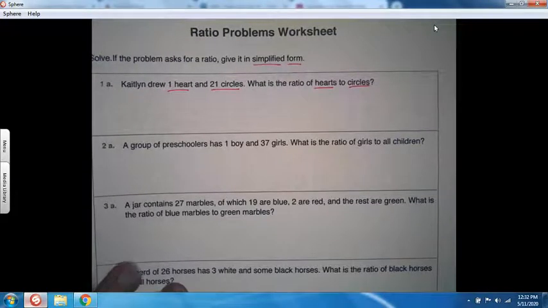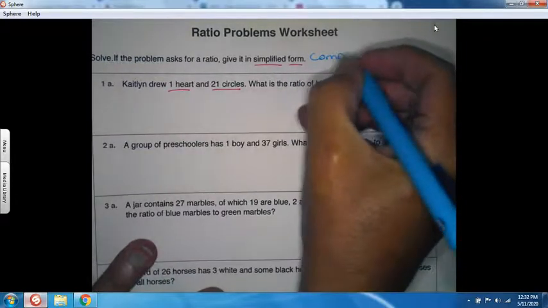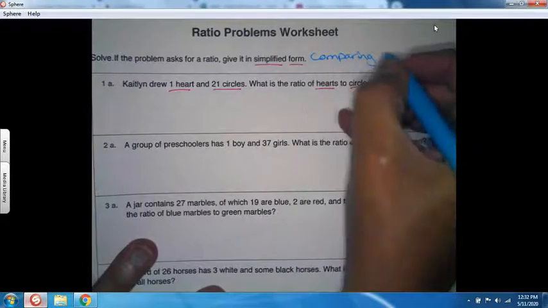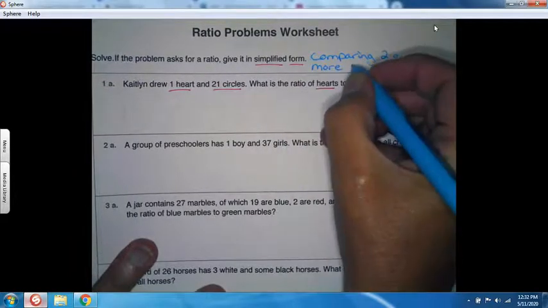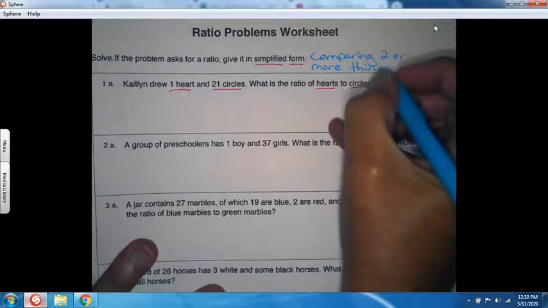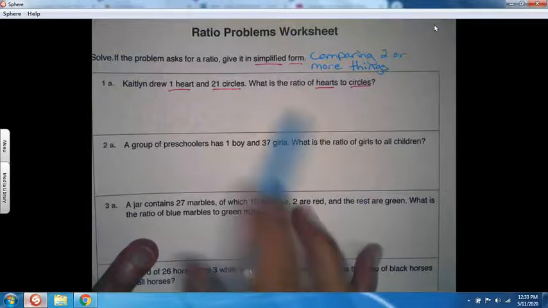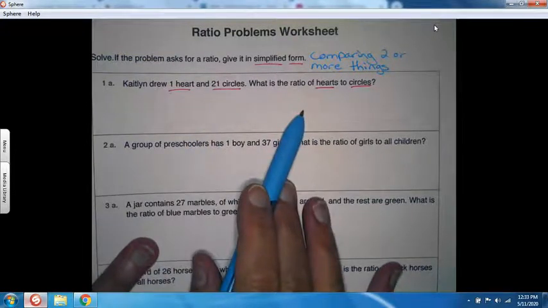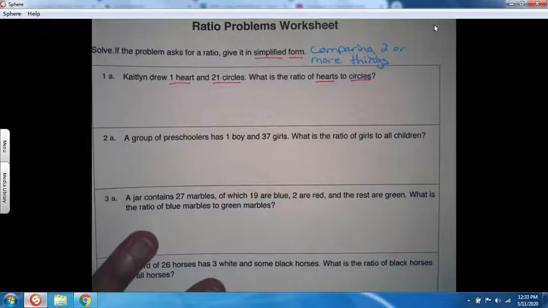It is, you are comparing 2 or more things. Apples to oranges, hearts to circles. Okay, and then we have 3 different ways to do it. So I'm going to write all 3 ways here, and then you guys can choose which way you want to write it unless it specifies.